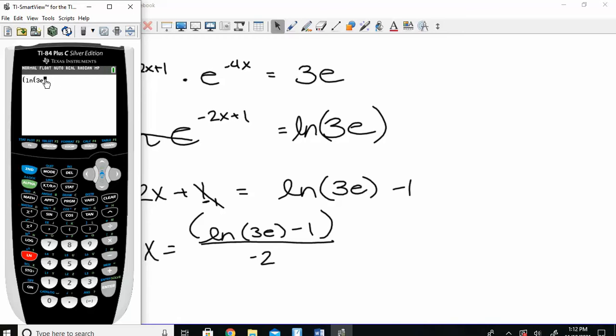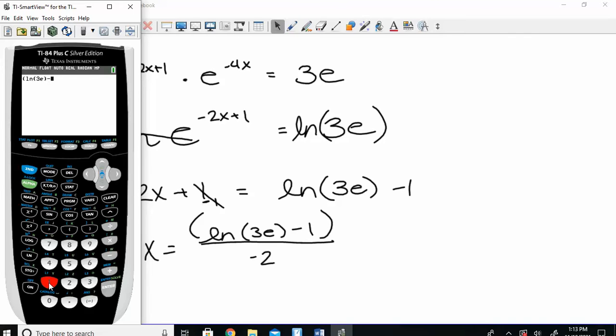It brings up an e, but it requires you to put an exponent there. What exponent would I put? Just a 1, so you could do it that way. The other option is above the division sign. So if you hit second and the divided by, it brings up just the plain e. So you can use either one. If you do the first, it requires you to put in that first power.